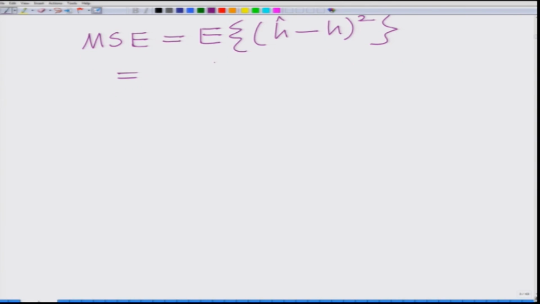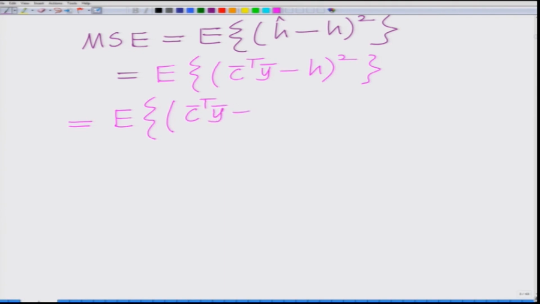For H hat I am going to substitute C bar transpose y bar, so this is the expected value of C bar transpose y bar minus H times C bar transpose y bar minus H. Realize that these both are scalar quantities.